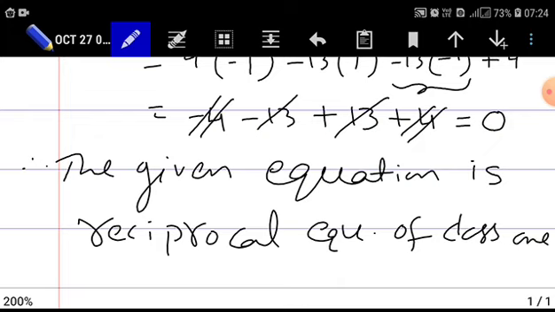So we have minus 1. For minus 1 the given f of x is becoming 0. So minus 1 is a root of the given equation.